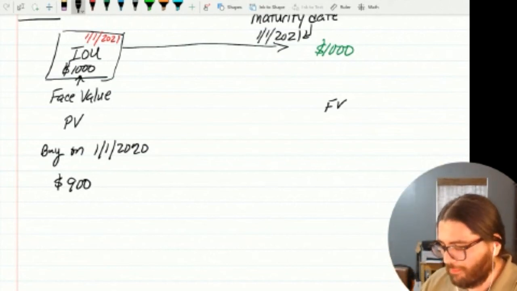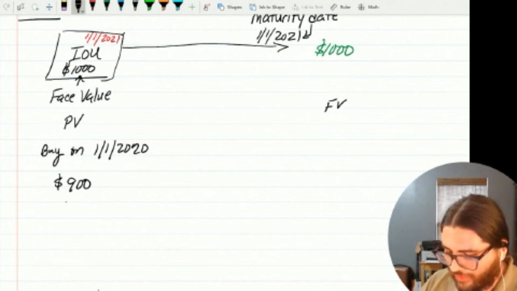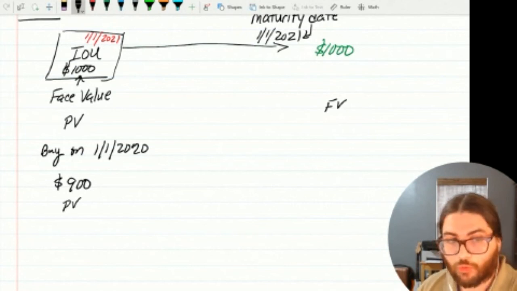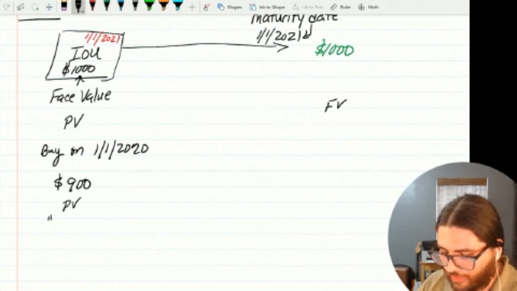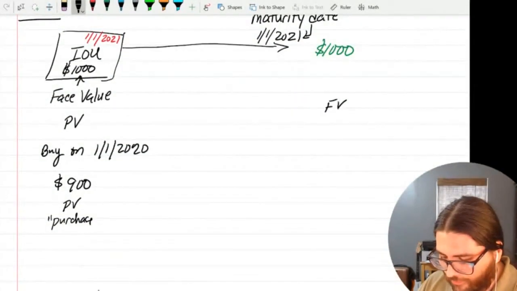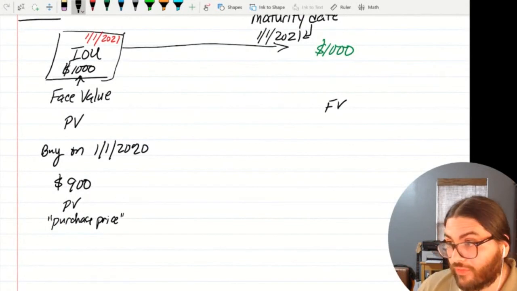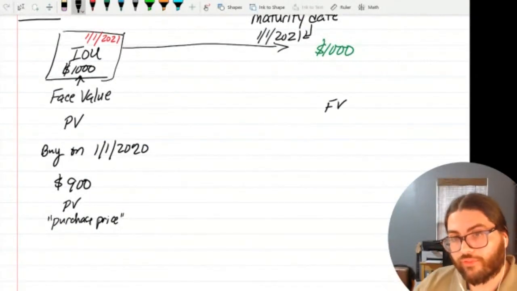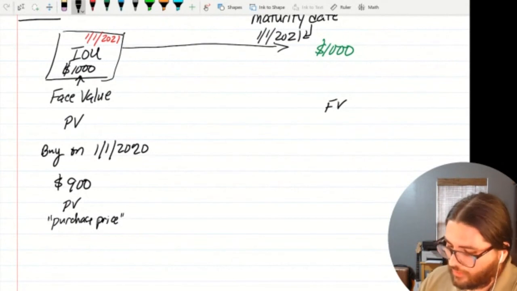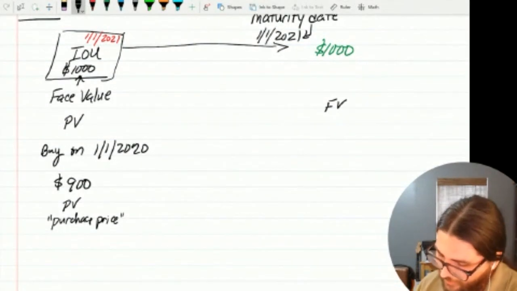Same thing with bonds. So if I buy it for $900, that's going to be my present value. I wouldn't call it the purchase price when talking about bonds, but that is the present value if I'm using the same time value of money terminology.